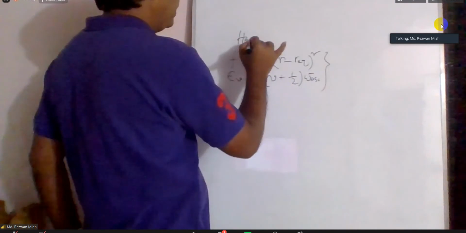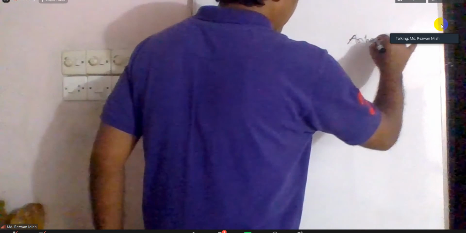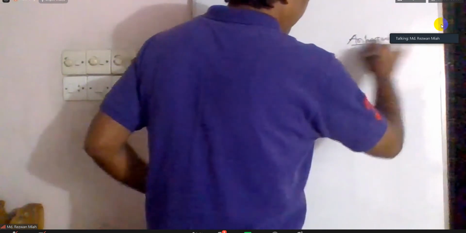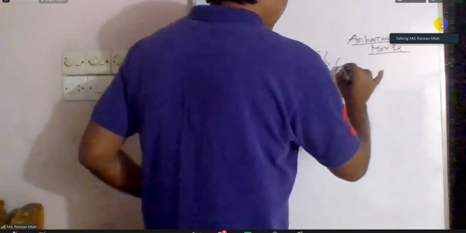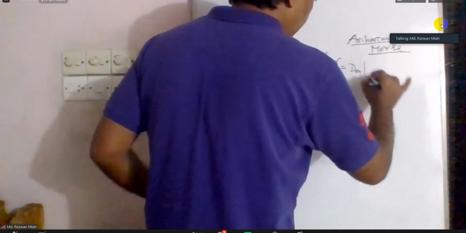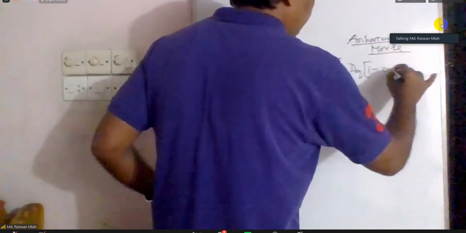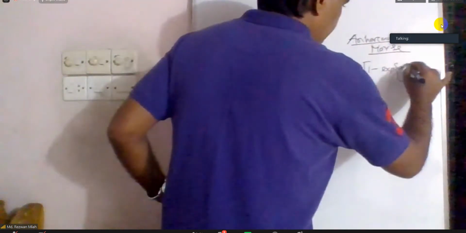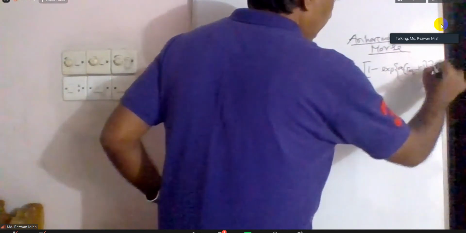This is the expression for the harmonic case. But for the anharmonic case, according to Morse's consideration, the energy of the molecule was given by D_e [1 minus exponential of (minus a (r minus r equilibrium))] whole squared. So this is an empirical equation.